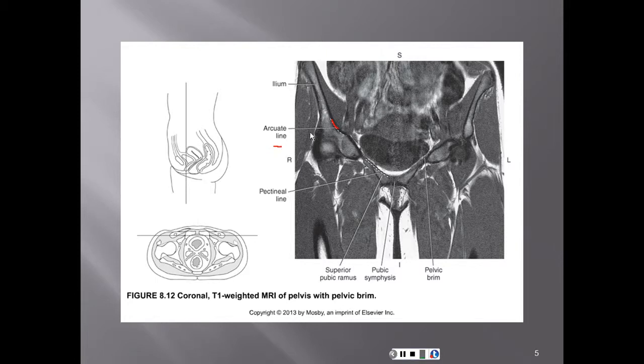That's important to understand simply because there is a condition where the femoral head can go through the arcuate line, and that is hip protrusio, but the head of the femur is always supposed to stay inferior to the arcuate line. If the bone becomes weak, the head of the femur can protrude through that arcuate line.